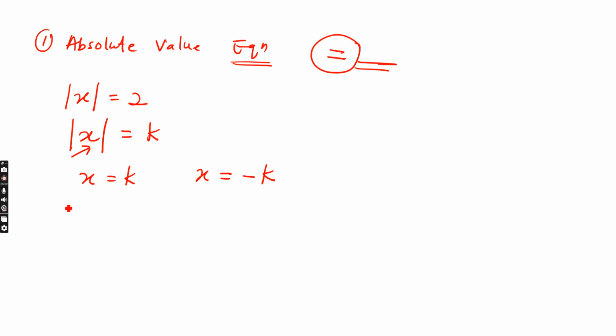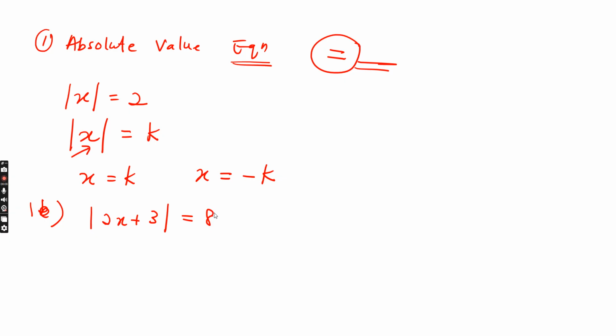Now let's go through one example inside your tutorial, which is 1b. They ask you to determine the value of x that satisfies the absolute value equation. The equation that they give us is modulus 2x plus 3 equal to 8.